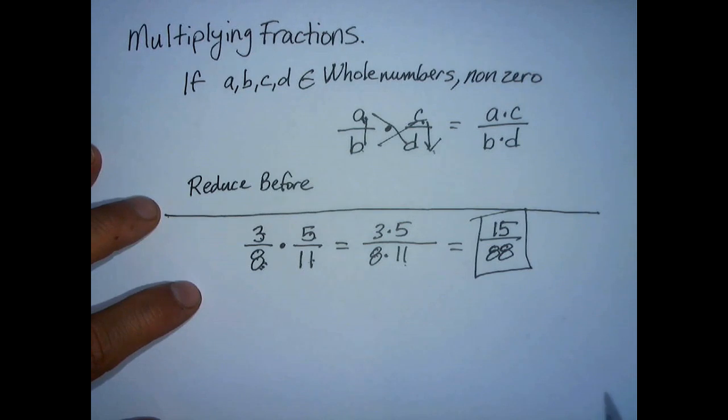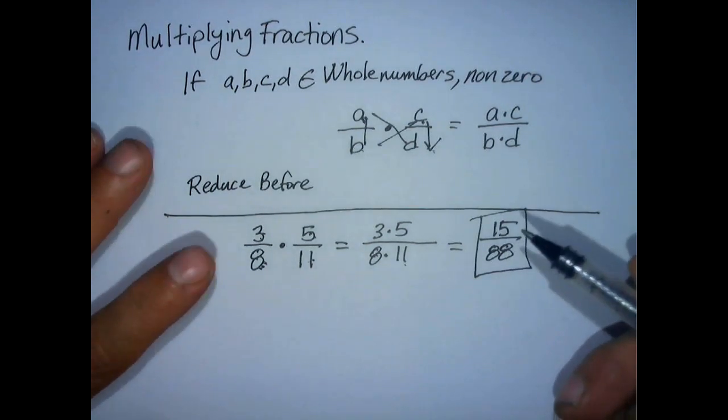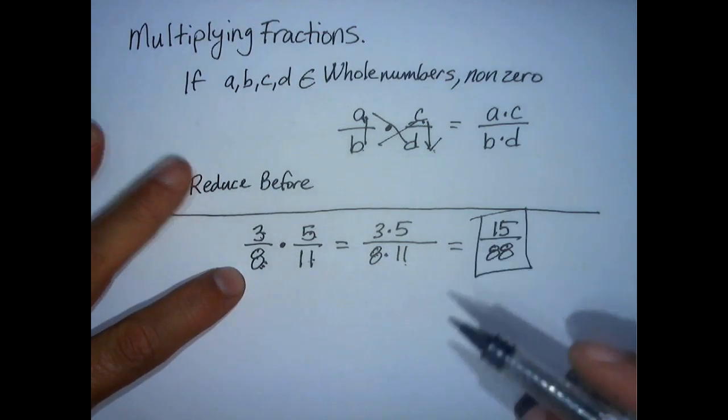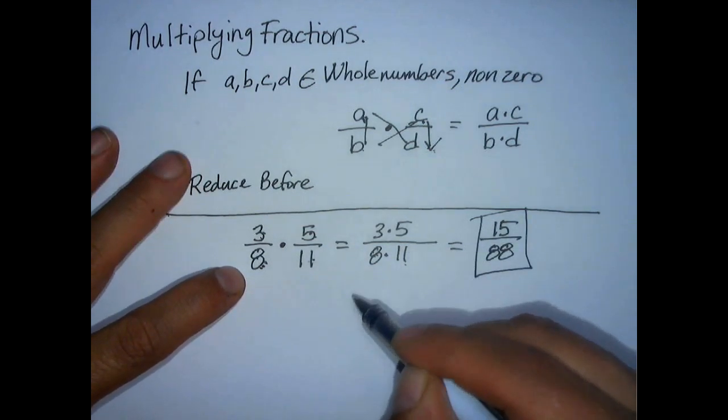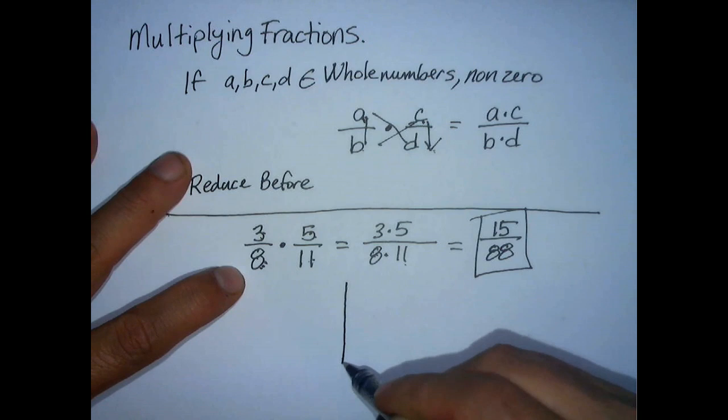Let me kind of visualize what this is, because it's not easy to visualize what we're doing here. And that's kind of important. Why are we multiplying fractions?